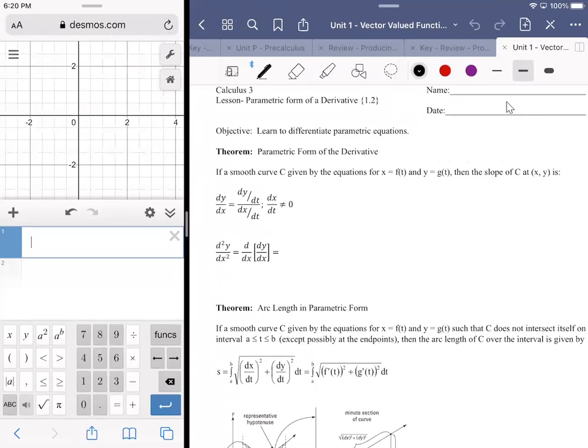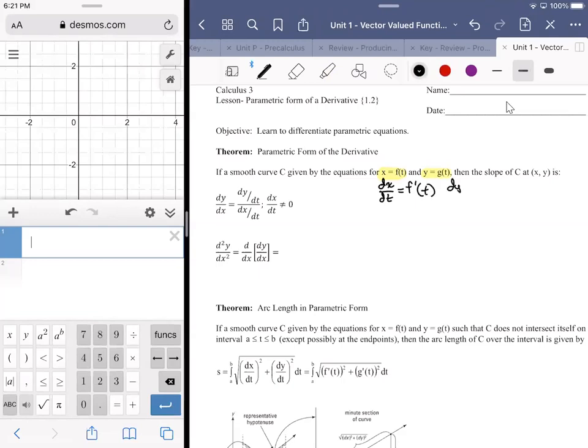All right. And so the rationale here is if we're given a parametric equation represented as x equals f of t, so x as some function of t, and y is some function of t, we'll call it g of t, call it whatever you want, as long as there's a t in it, then to find the derivative dy/dx, it's pretty reasonable to say that if I just take the derivative of this guy, I could say dx/dt is equal to f prime of t.